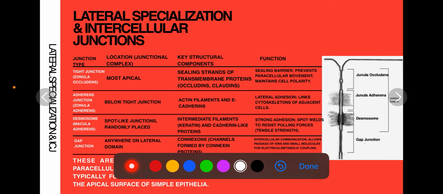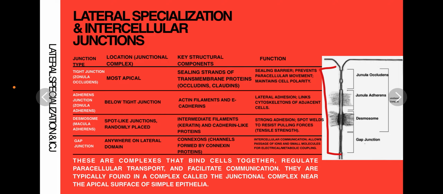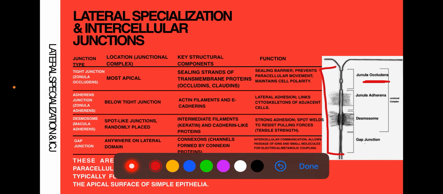We do not want to take much more time. So simply, the tight junctions are the most apical. They are so close to the apex. And the adherens junction or zonula adherens, you can see from the drawing. This is the cell. So the first one, which is the tight junction, is close to the apex. This is the apex here.